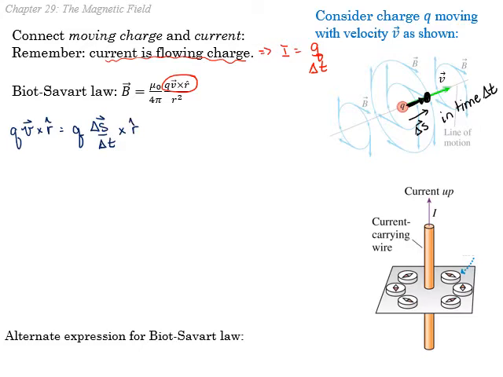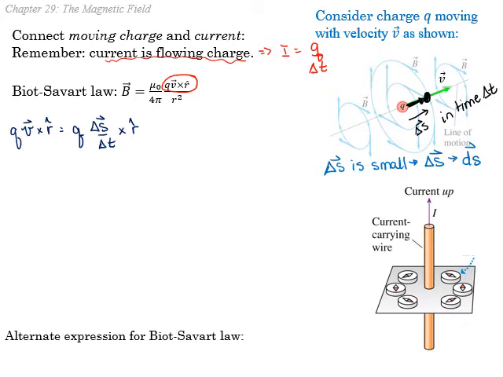Now, V is an approximation of delta S over delta T, but if we'd like our approximation to become more accurate, then we should take our delta S to be very small. So delta S is small. If delta S is small, that means that instead of writing delta S, we write ds. So we only take a little small part of the path.